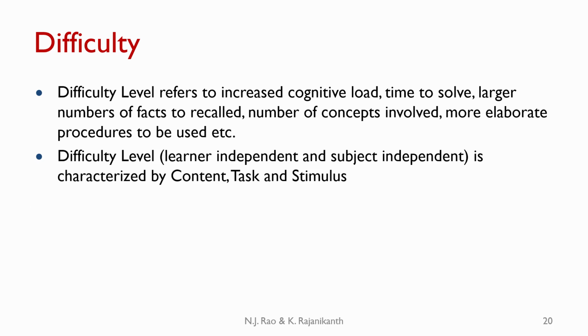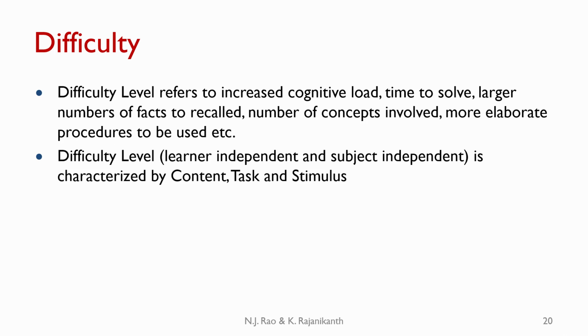And formally, difficulty level is dependent on endless number of factors. For example, a given question may appear difficult to one person, not so difficult to another person. That means it is learner dependent. If the learner does not have the prerequisite knowledge or adequate prerequisite knowledge, you will find a question very difficult, whereas a person who is familiar with the prerequisite knowledge will not find it so.